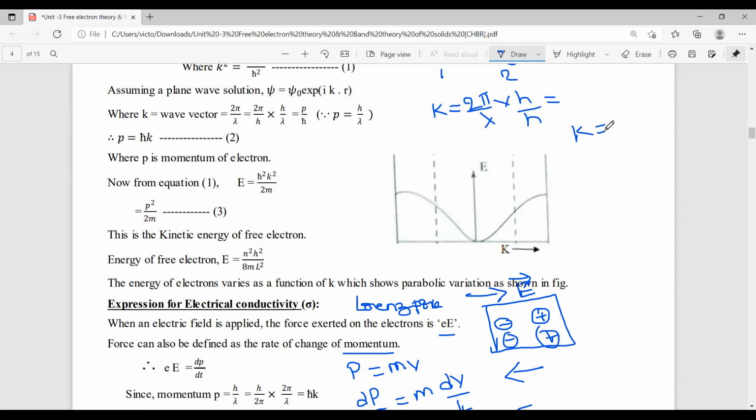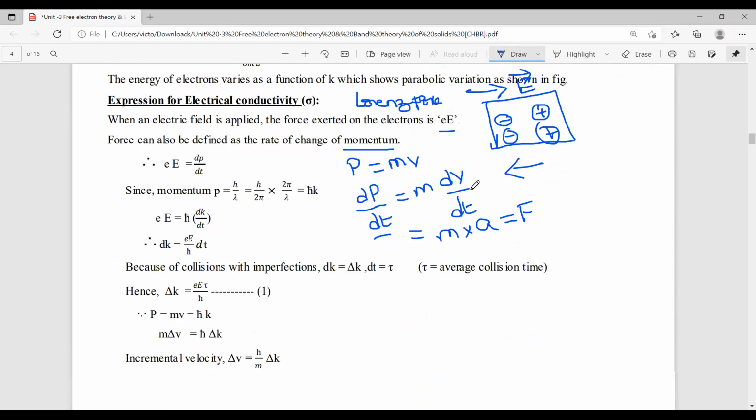So k equals P/ħ. So P is written as ħk, or it may also be written as h/λ.